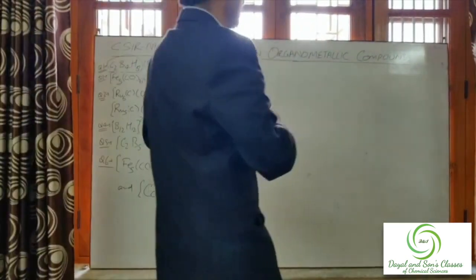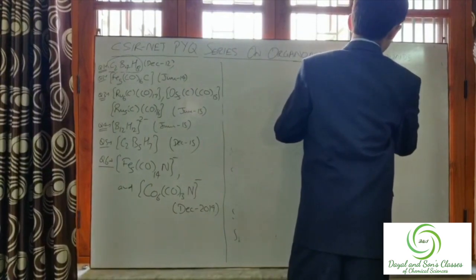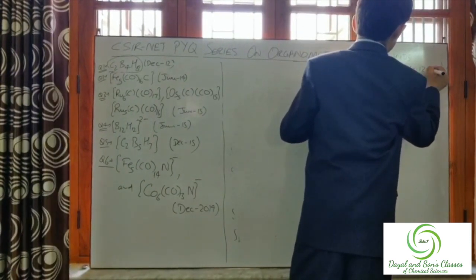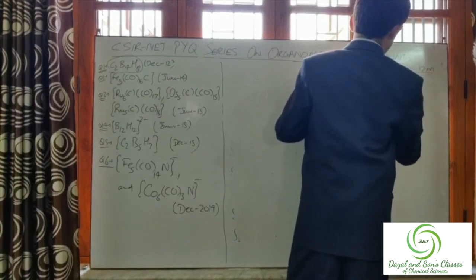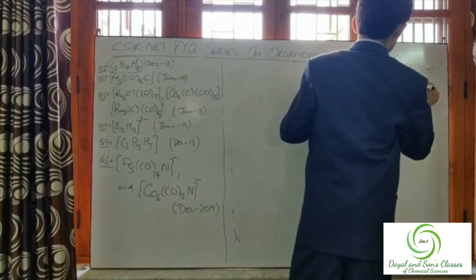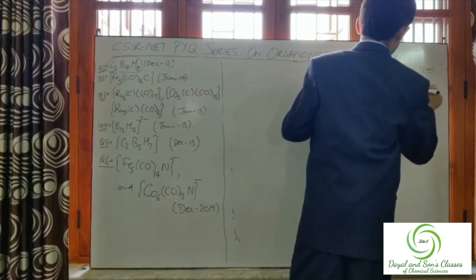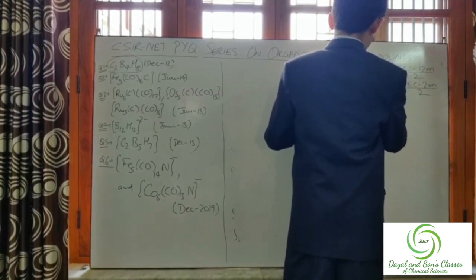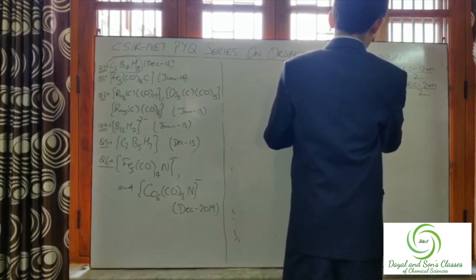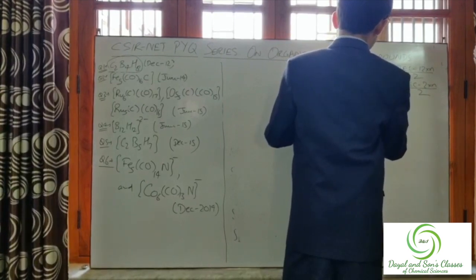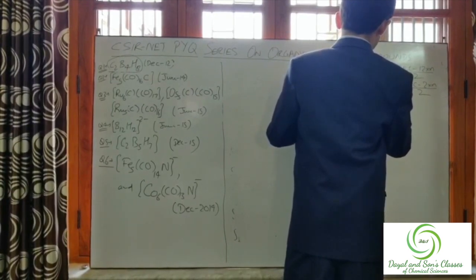So in short, I write down here the formulas. SEP is equal to TEC minus 12 into N by 2 for transition, or SEP is equal to TEC minus 2 into N by 2 for non-transition.